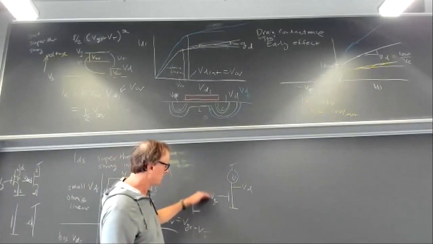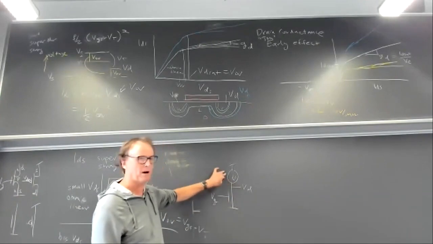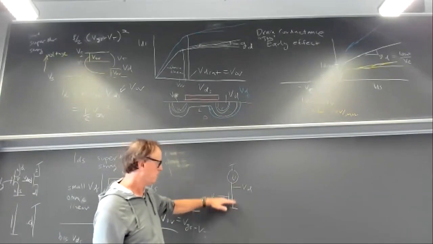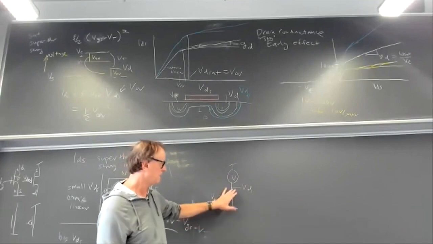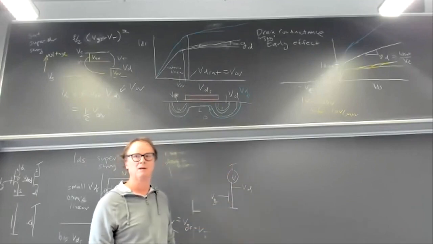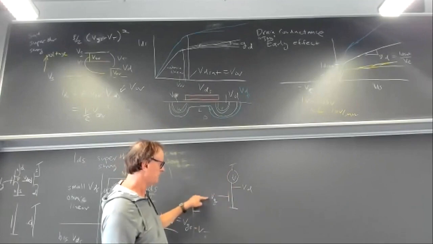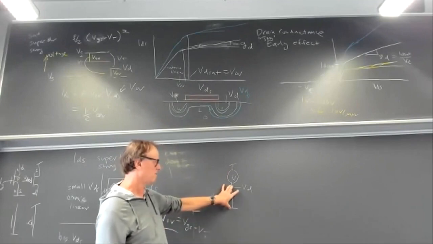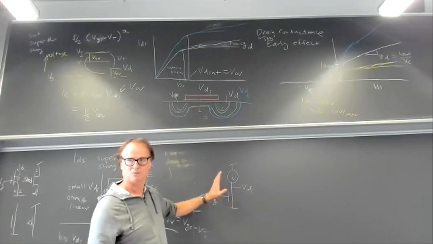Now I adjust the gate voltage, and at a certain point, the saturation current of this transistor will be about 1 microamp. When the saturation current is bigger than a microamp, the voltage will go to ground. If it's less than a microamp, the voltage will go to VDD. Is it clear? In other words, there'll be a certain small region of gate voltage where the current wants to sink about what you're sourcing here. That's where all the action happens.